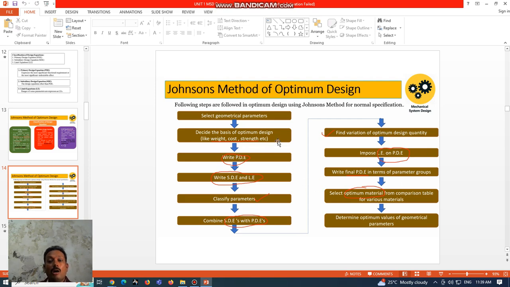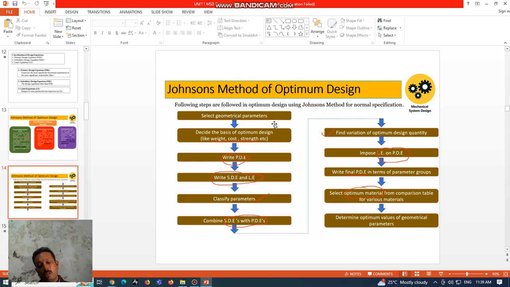Now here, what are the steps? How will we follow these steps in optimum design by using Johnson's method? The first step will be to select geometrical parameters. What are the geometrical parameters that will be selected here?